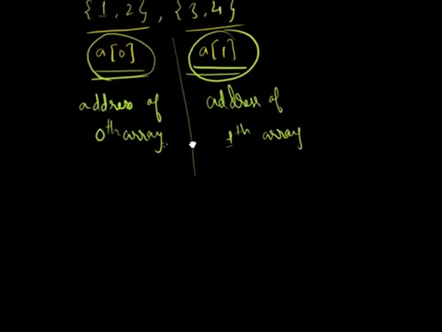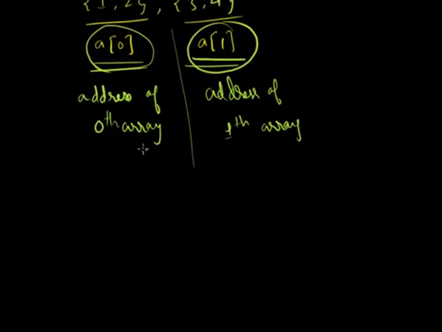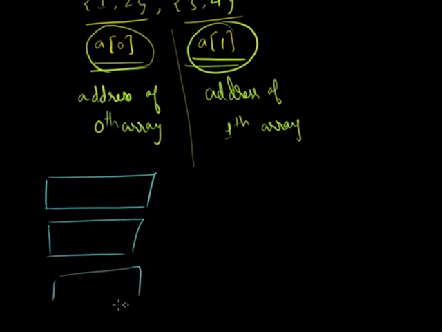So let us now associate this with pointers. Let's say we have 1, 2, 3, 4, 5, 6. So we have 3 rows in our array and each row contains 2 elements.